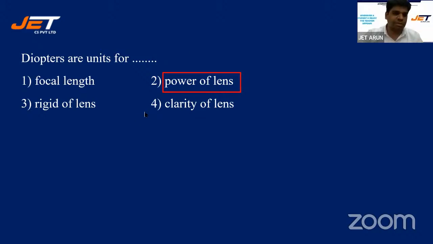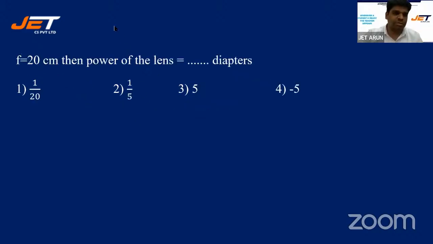Okay, let's go to the next one. F is equal to 20 centimeters. Then power of the lens is equal to how many diopters? Okay, Raja is right, Priya is right, Shalini is right, Dikshita is right. Yes, Raja Malika is right.